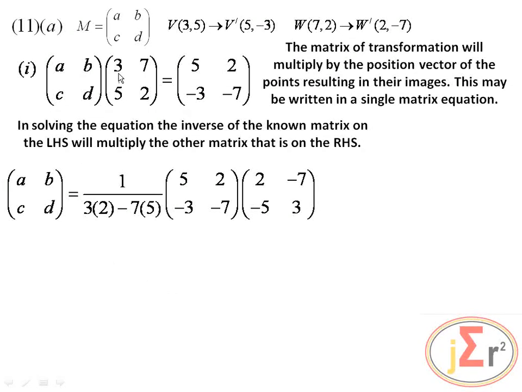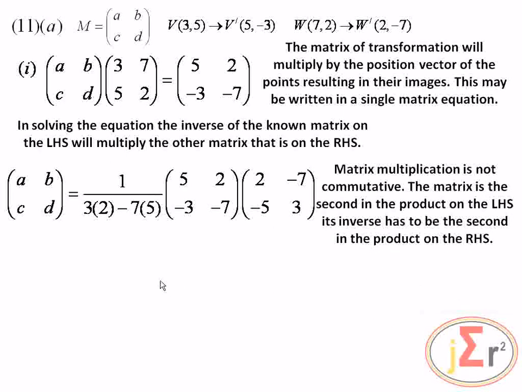In order to form the inverse of this matrix, we need to find the determinant. 3 times 2 here, 7 times 5 here, and then what we have here is the adjoint of this one that is formed by changing the position of these two and changing the signs of these two. There. Now, after multiplication or simplifying this matrix product, the result will be the matrix ABCD.